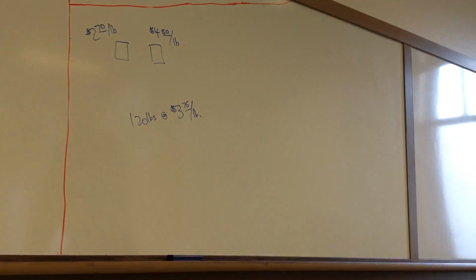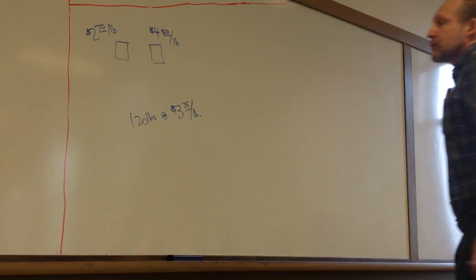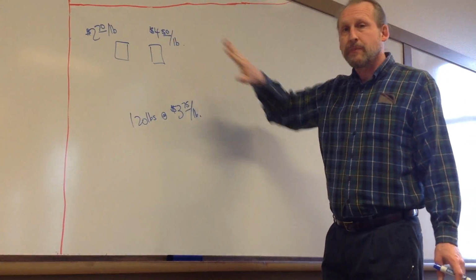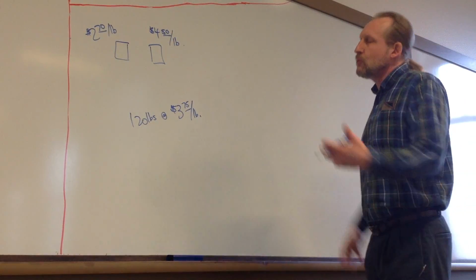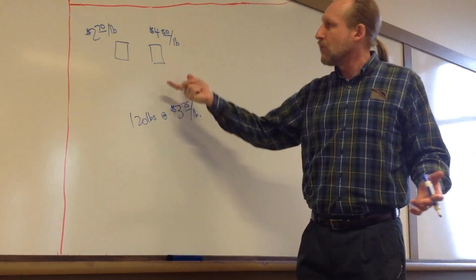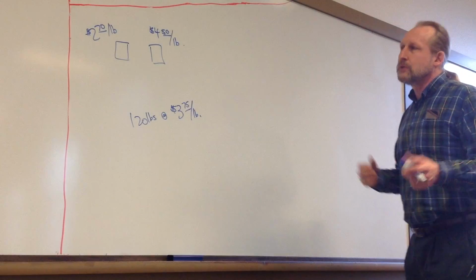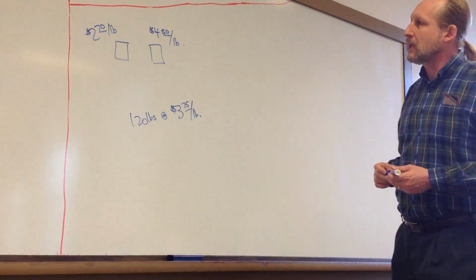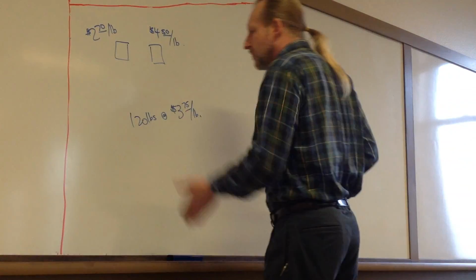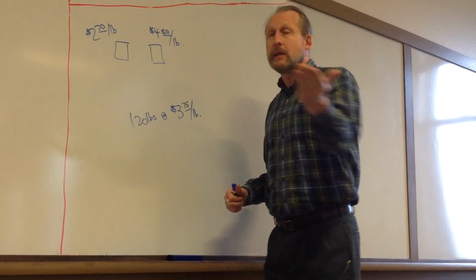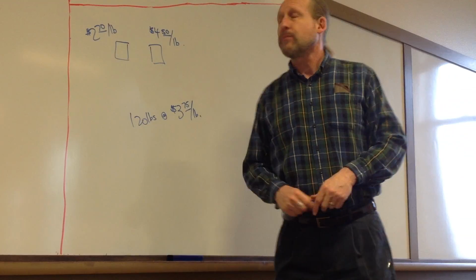Okay. All right. Well, if you look at the situation here, this cost is closer to the more expensive cookies. And so that says that we should have more of the more expensive cookies and fewer of the $2.70 cookies. If you split this right down the middle and had 60 pounds of each, then the price would be exactly the average of these two prices.